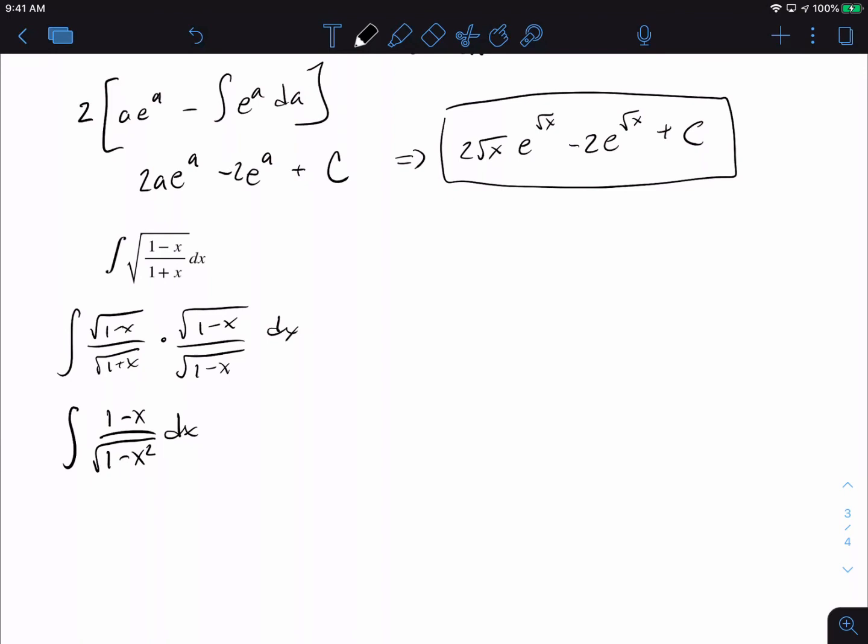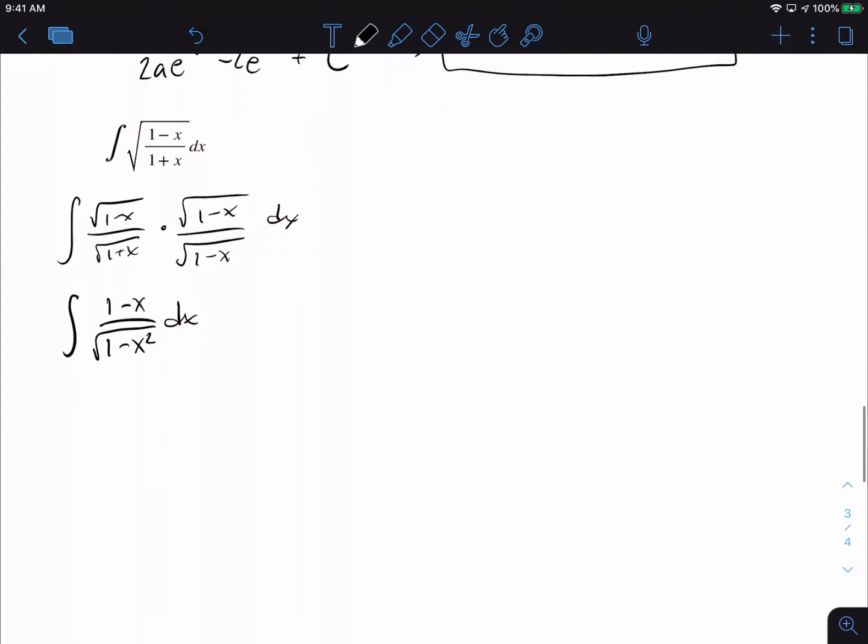Okay, but now since I have both numerator and denominator, one of the things that we can do is break this up into 2 integrals. So breaking it up into 2 integrals, I'm going to get the integral of 1 over the root of 1 minus x squared dx, minus the integral of x over the square root of 1 minus x squared dx.